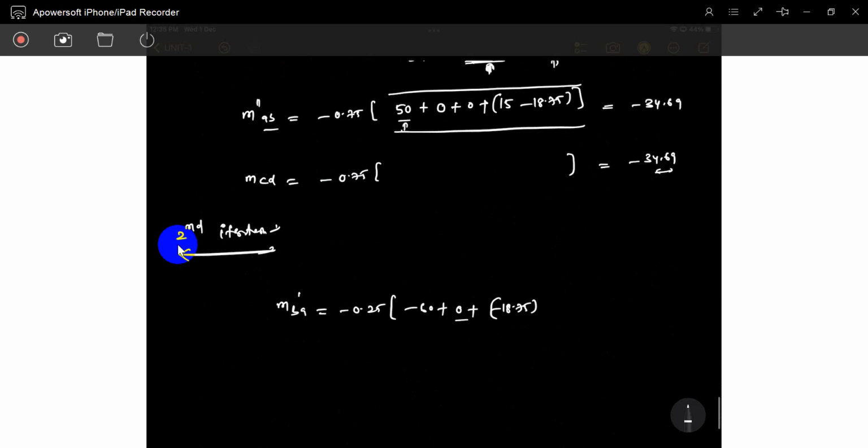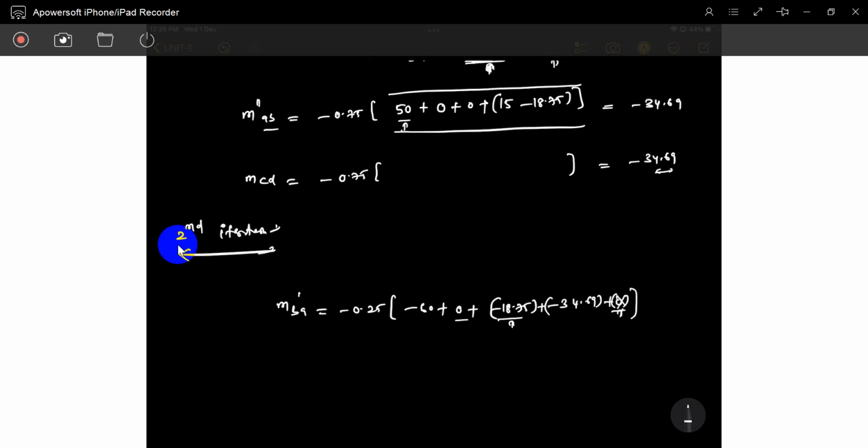From A, rotational contribution is 0. From C, 18.75. Translational contribution is minus 34.69 from BA. From BC it is 0, but you don't write 0, because there is no translational movement developed because of BC. Don't write any extra.